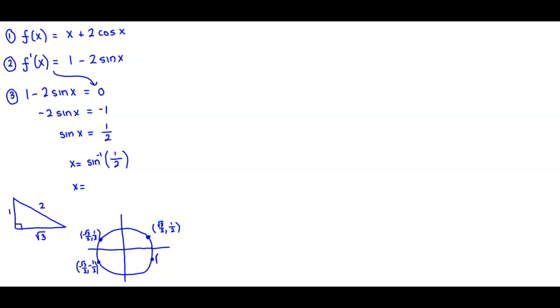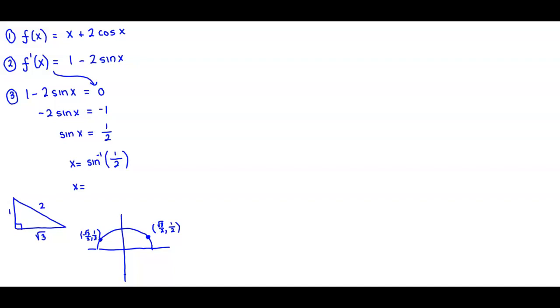And over here, we have positive square root of 3 over 2, and then negative 1/2. Because we are dealing with the positive 1/2, we are only concerned with the positive y values that have 1/2.